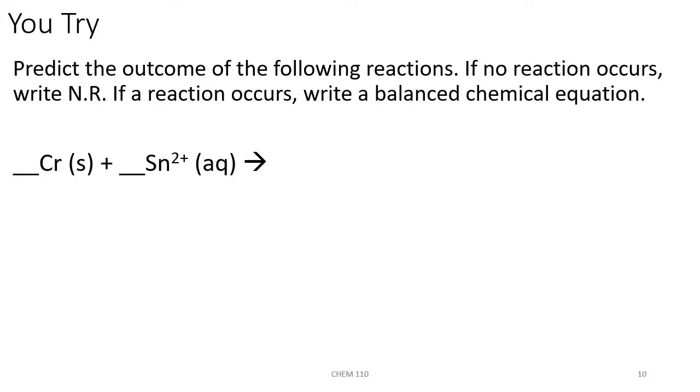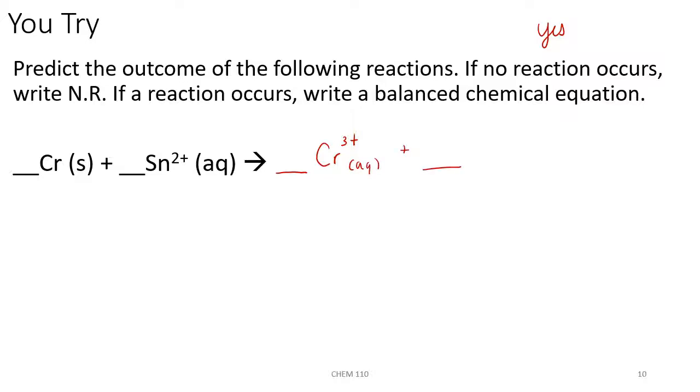In our last example, we have chromium solid reacting with aqueous tin ions. Chromium is higher on the activity series than tin, therefore a single replacement reaction can take place and chromium will replace tin in solution. When chromium becomes oxidized, according to the activity series, it forms a 3+ ion.